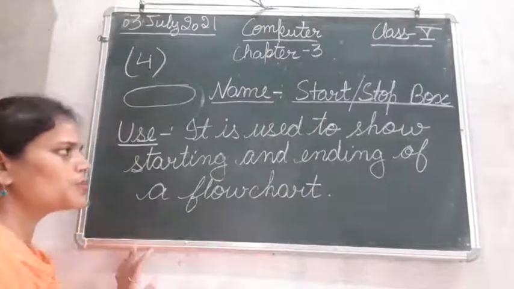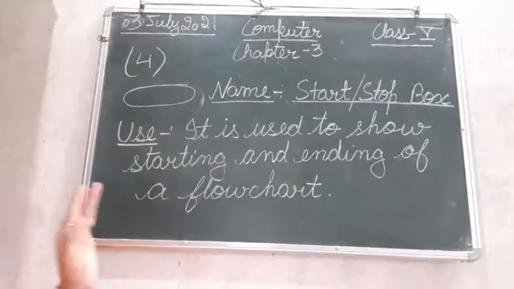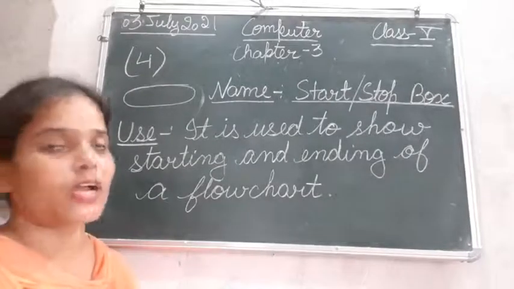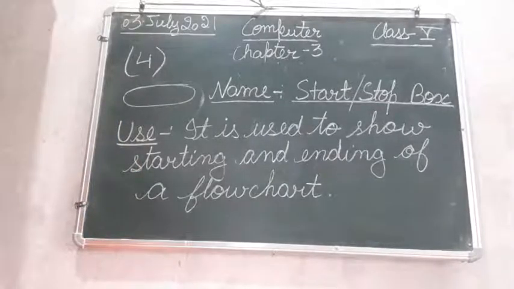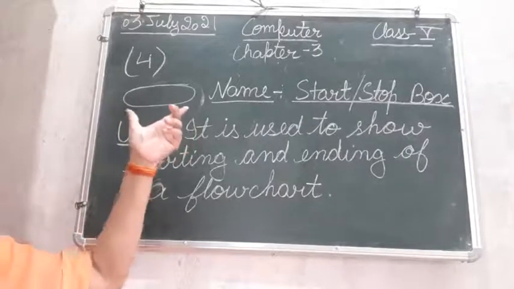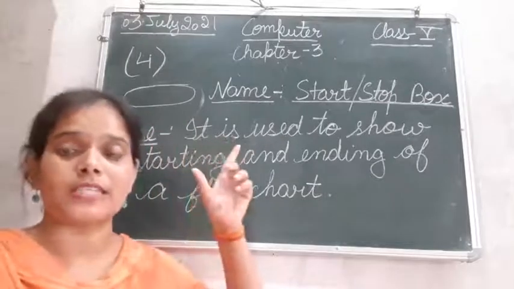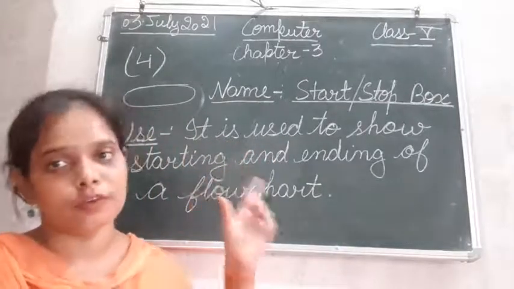So this is the start and stop box. Okay, तो ये हम start and stop box किस लिए use करते हैं? We use this symbol for starting and ending a flowchart.